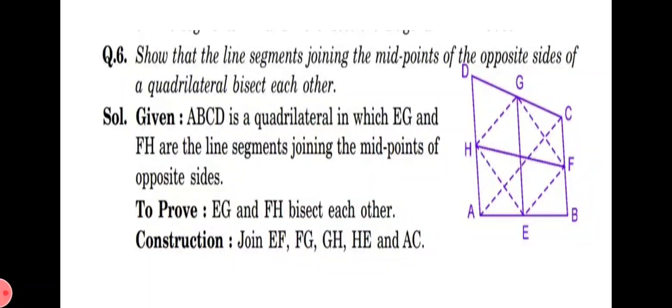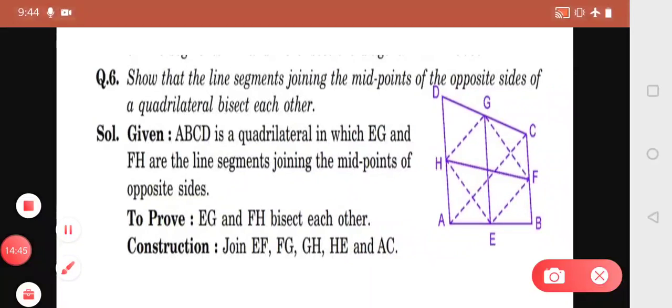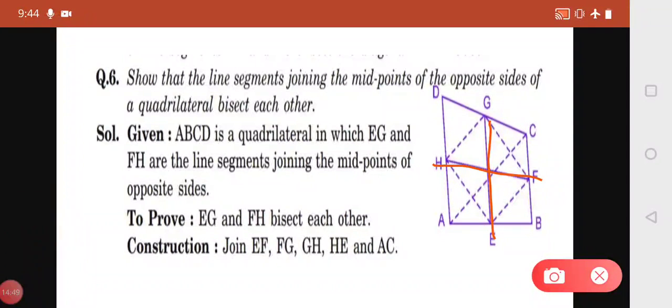Yes, it is given that ABCD is a quadrilateral where this line segment EG and line segment FH are joining the midpoints of all the 4 sides of the given quadrilateral ABCD. So we have to prove EG and FH bisect each other.